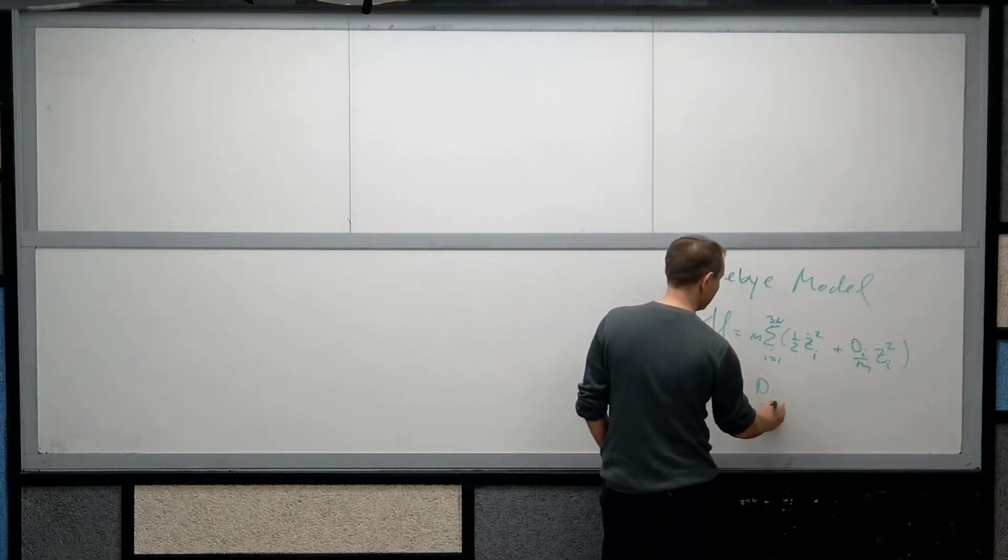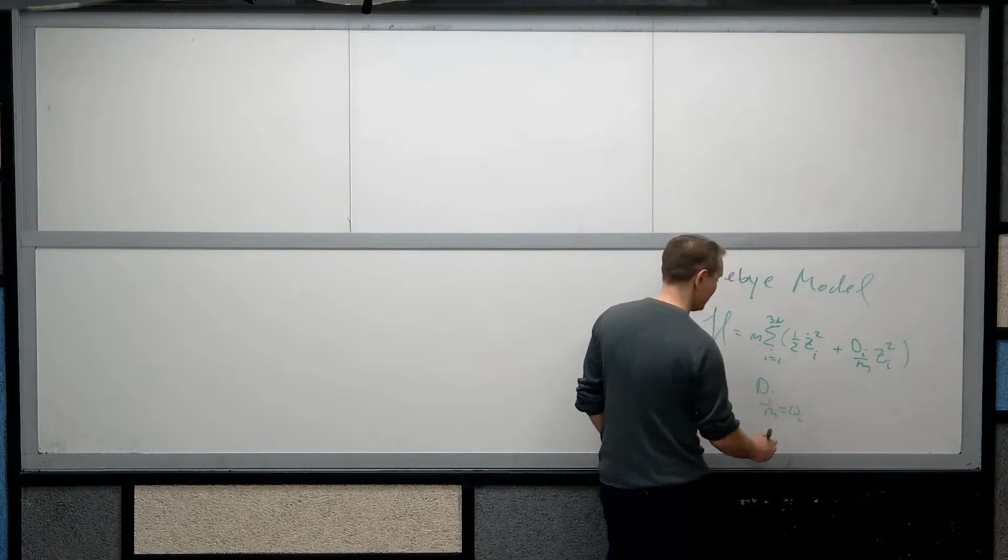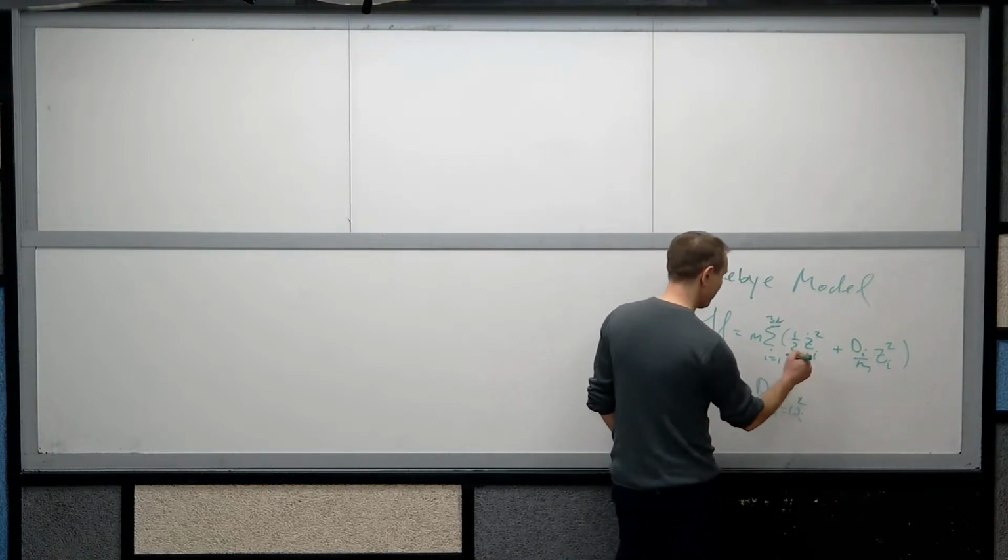And we said that d_i divided by m is omega_i squared.